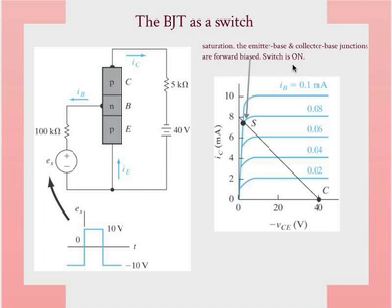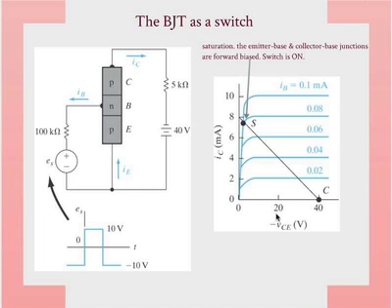Because when both the junctions are forward biased, this output current will become independent of this voltage. The reason for that is that with forward biased junctions, you get very low drop. Most of the current is essentially determined by this divided by the resistor.